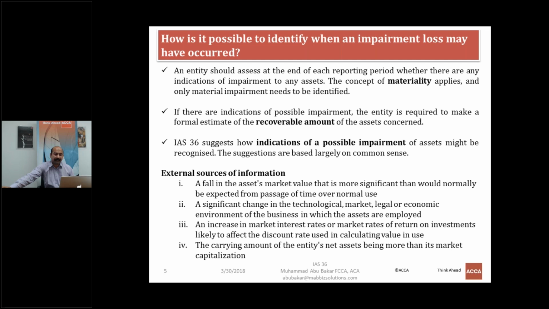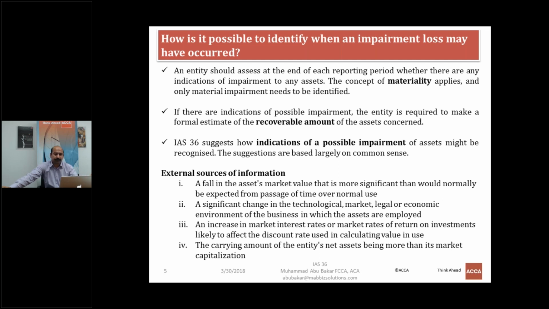IAS 36 suggests indications of a possible impairment of asset. The suggestions are largely common sense, like external sources: a fall in the asset's market value that is more significant than would normally be expected from passage of time or normal use, a significant change in the technological, market, legal, or economic environment of the business in which the assets are employed.